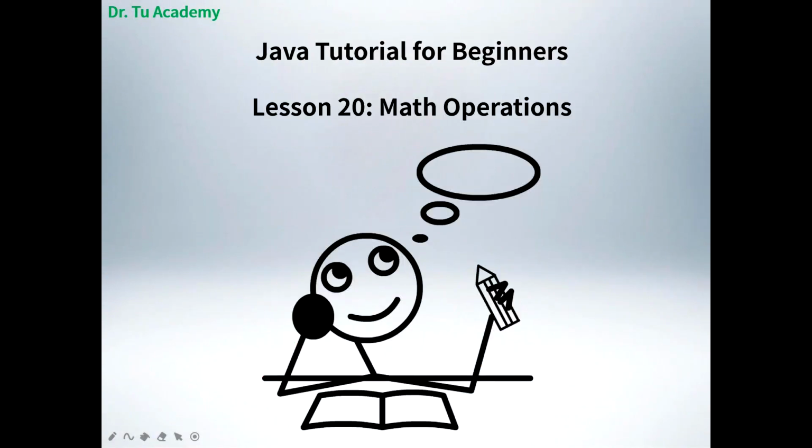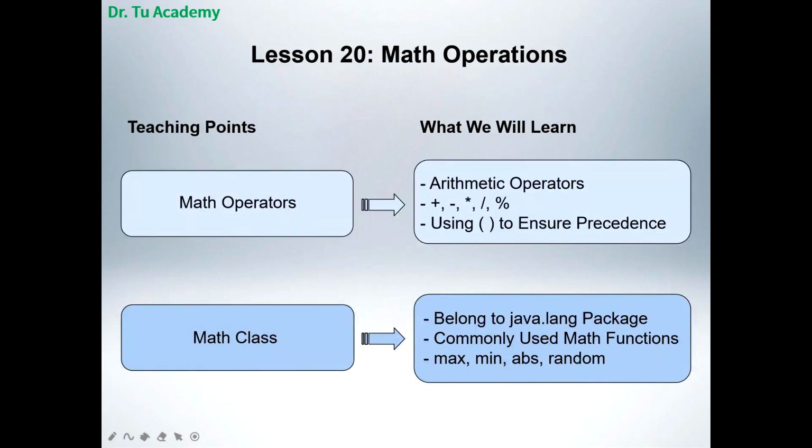The topic of this lesson is math operations. To do math operation, we use the arithmetic operators such as add, subtract, multiply, divide, remainder. We use parentheses to ensure precedence of operators.